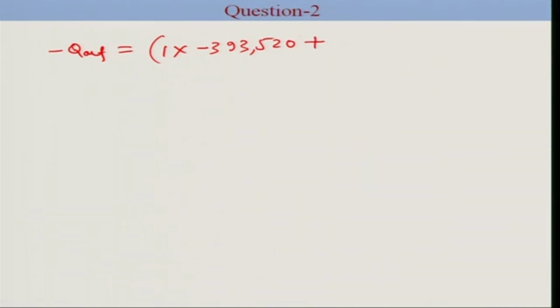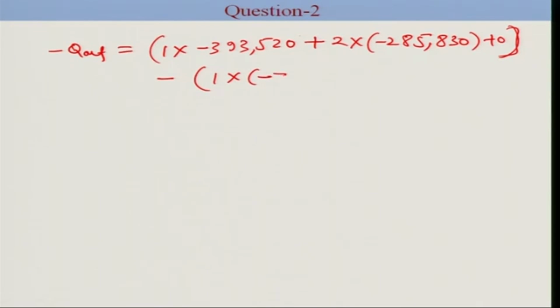These are the enthalpy of product streams, 2 times minus 285,830 plus 0, minus enthalpy of the reactant, 1 into 74,850 plus 0, because naturally occurring gases will have 0 heat of formation like nitrogen and oxygen.